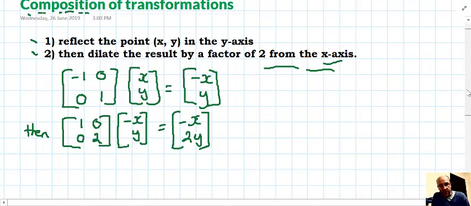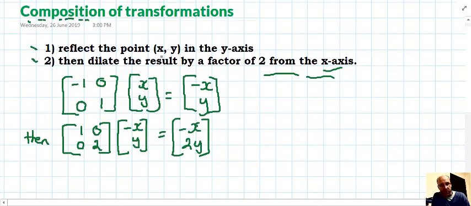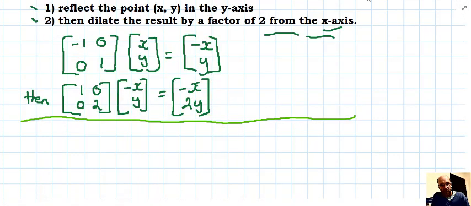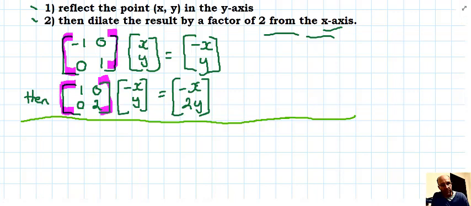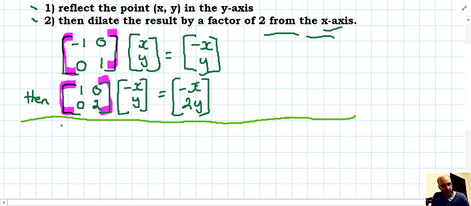Let's look at the same thing, but in terms of the composition. It's sometimes more efficient to do that together. Looking at the two transformation matrices, this one and this one, putting them together as a product and putting the second one first, we would get 1, 0, 0, 2 multiplied by negative 1, 0, 0, 1.